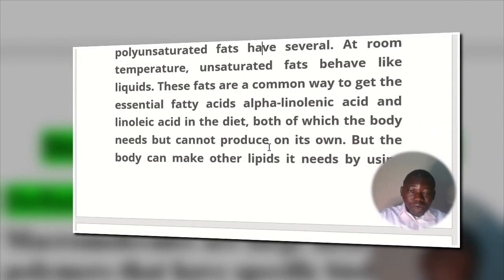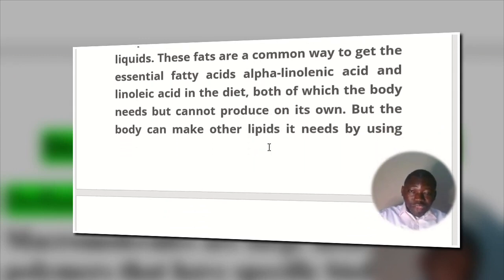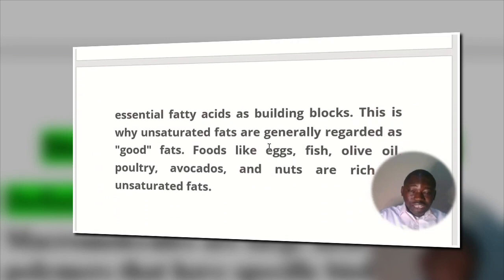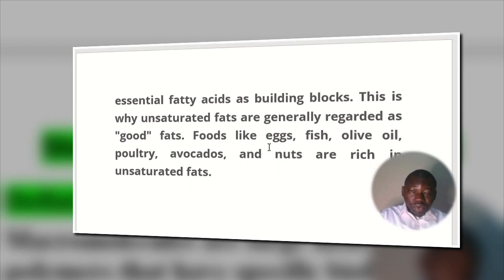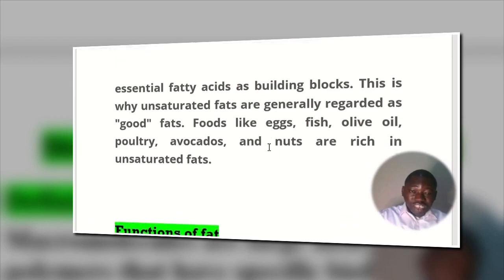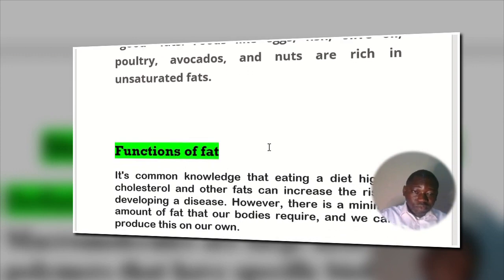But the body can make other lipids it needs by using essential fatty acids as building blocks. This is why unsaturated fats are generally regarded as good fats. Foods like eggs, fish, olive oil, poultry, avocados, and nuts are rich in unsaturated fats.